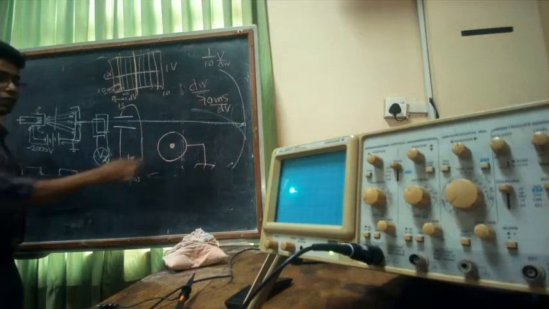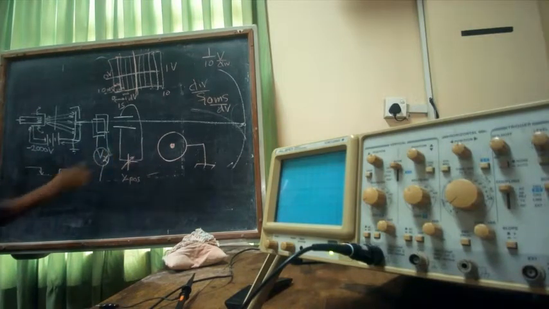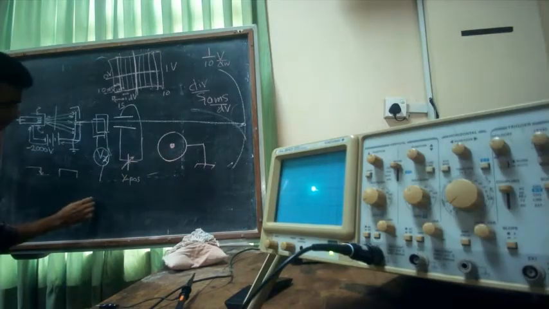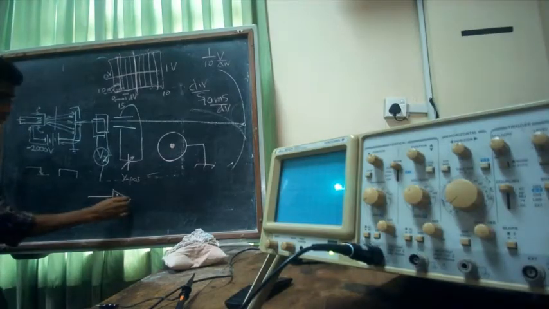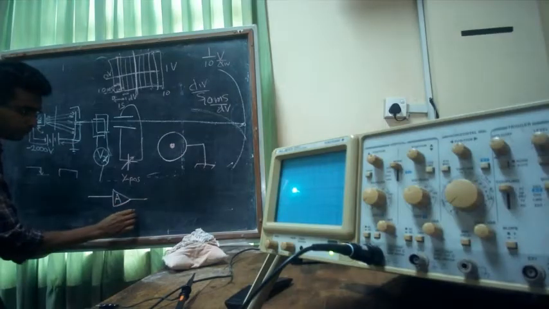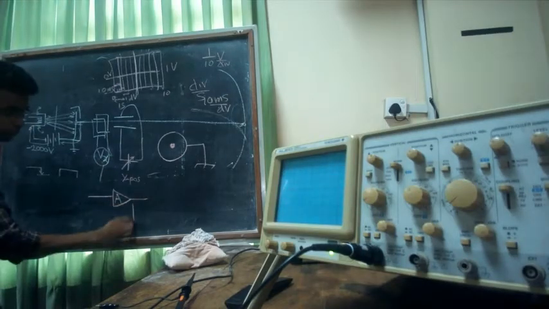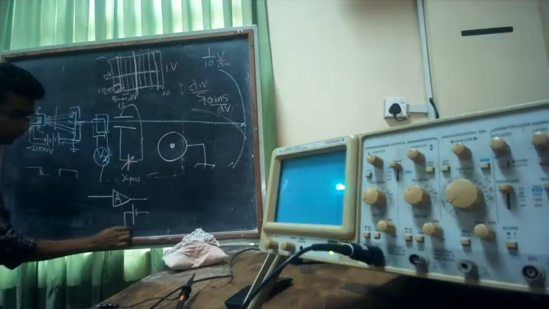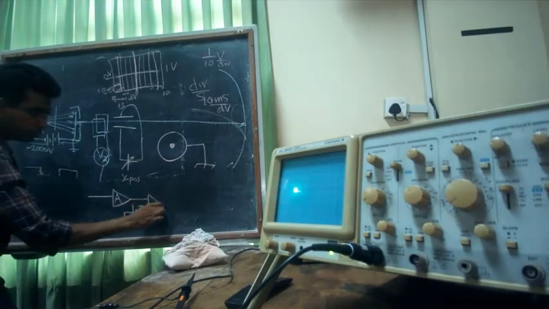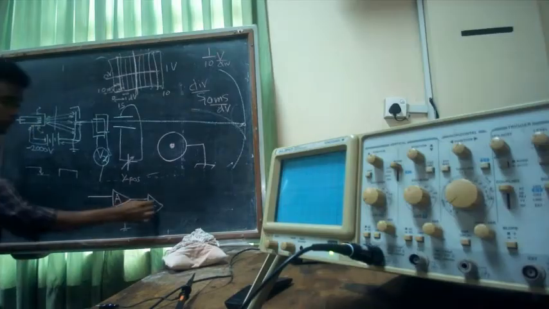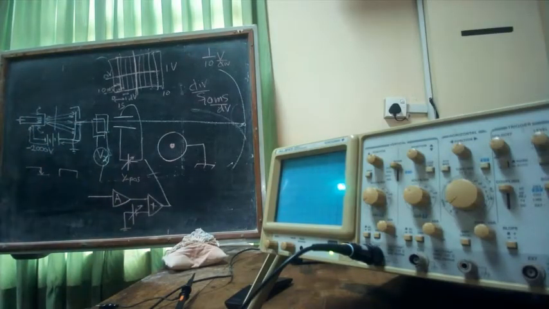This is the point which connects to this amplifier, and it goes through an amplifier with a gain A, and it gets added to this voltage source. It's a DC voltage, so you add these two together and you apply it here.